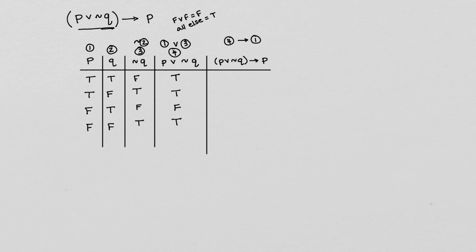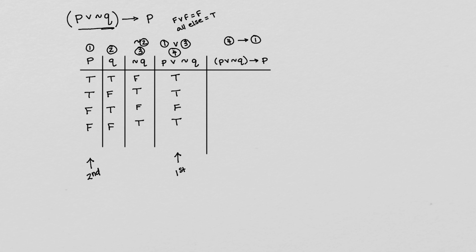With all the other types of logic statements, the order is not important, but it is with conditional. So I have to look at column 4 being the first part and column 1 being the second part.